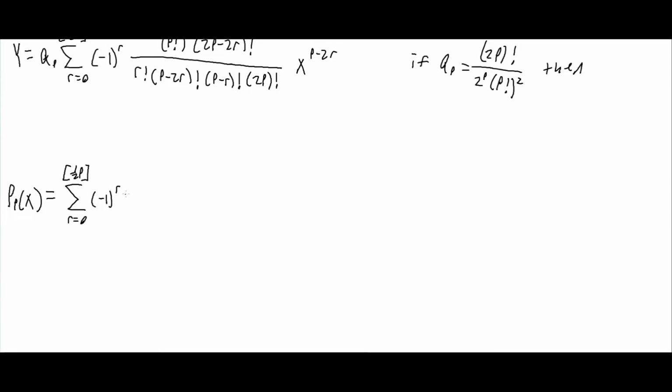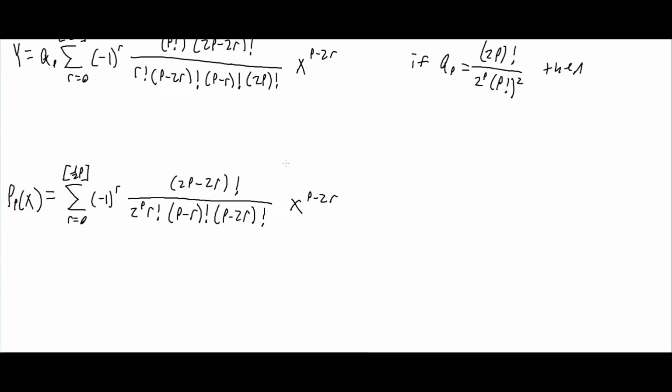1 to the r, and that will be times 2 to the p r factorial p minus r factorial times p minus 2r factorial, and the numerator will be 2p minus 2r factorial, and then that is times our x to the p minus 2r.